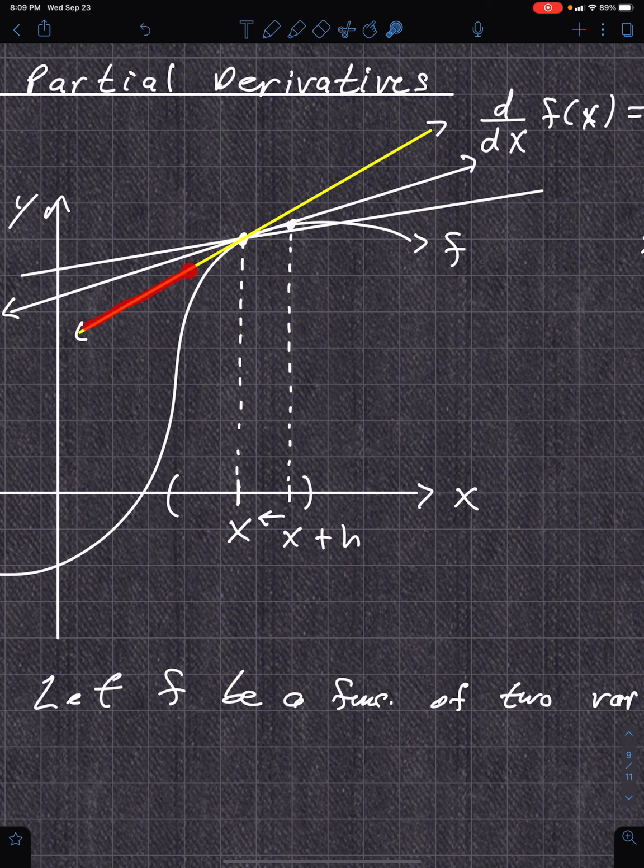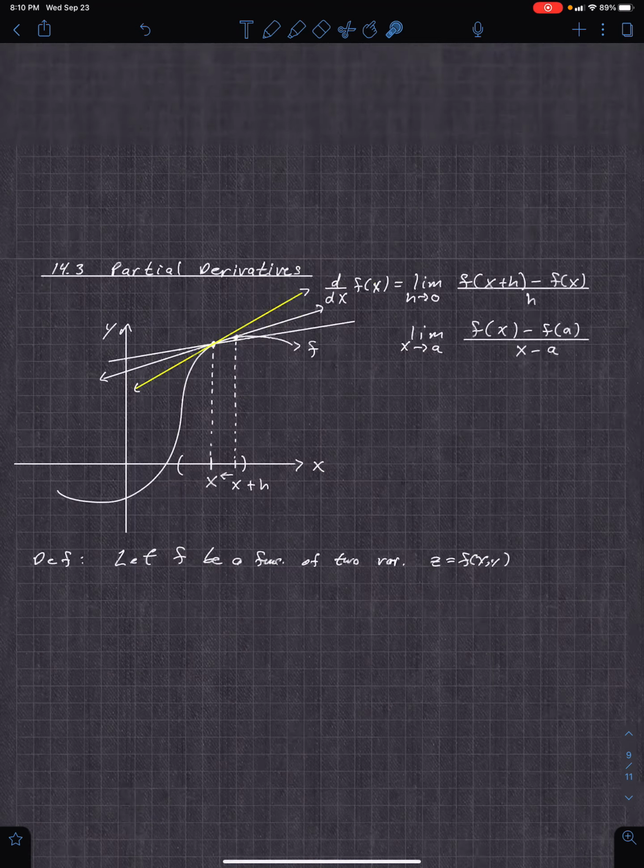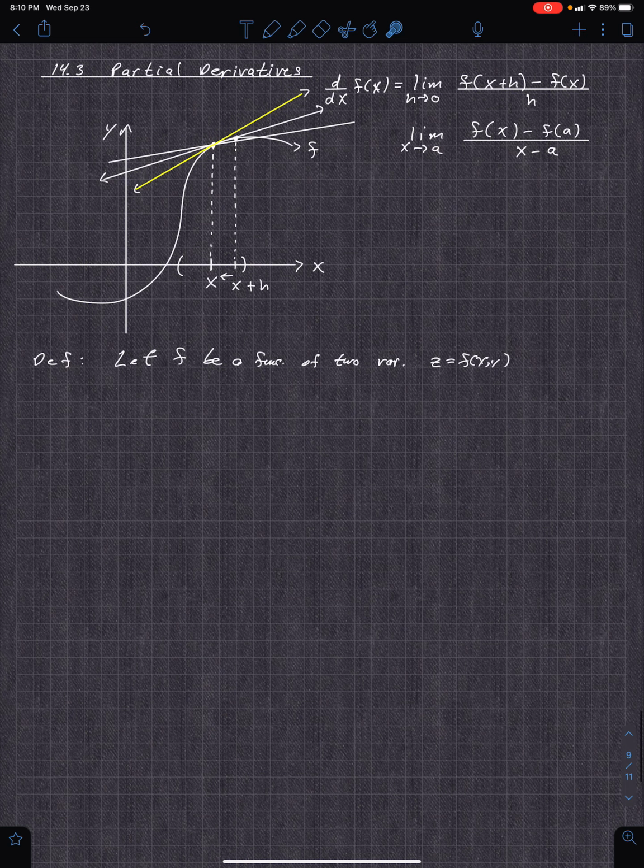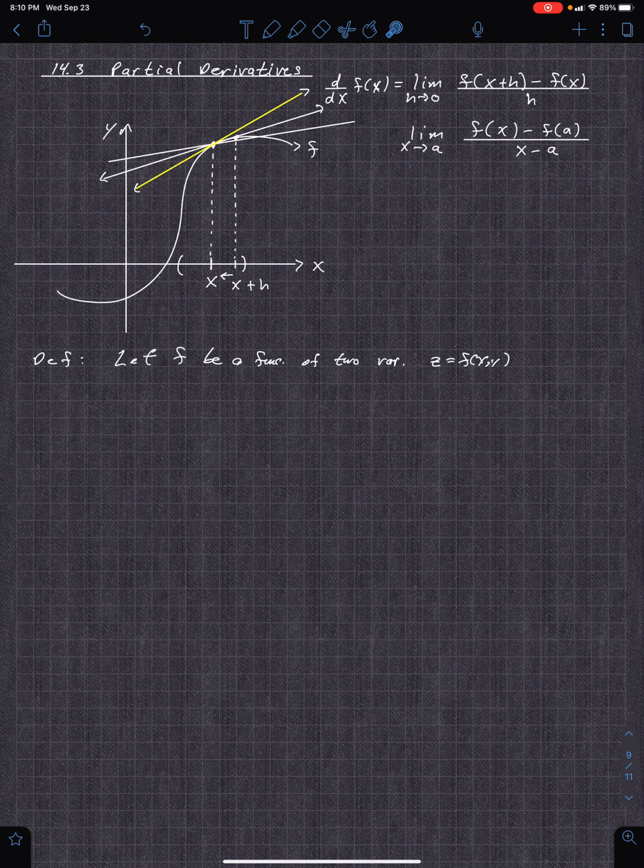And then you get the slope of the tangent line. So the slope of the tangent line is the limit as h approaches 0. Or you can define it like this: f of x minus f of a as x approaches a as the slope. So that's how you would have seen it in single variable.